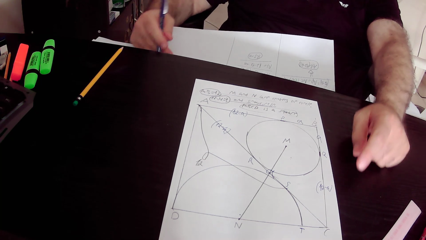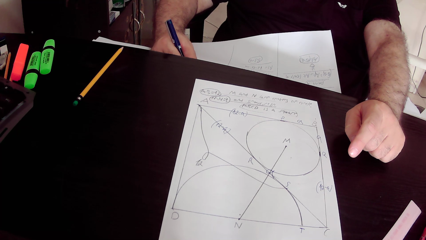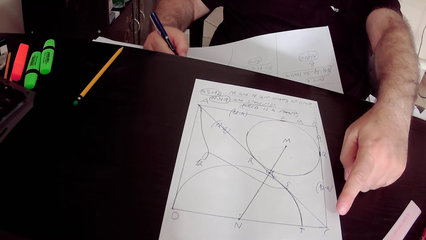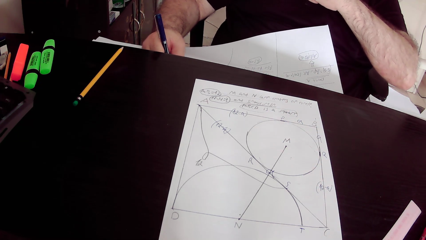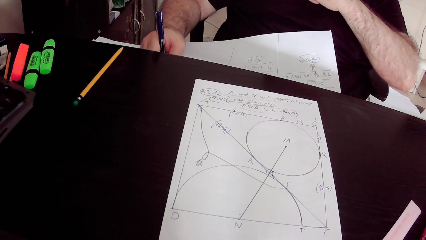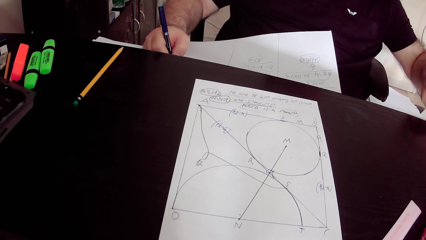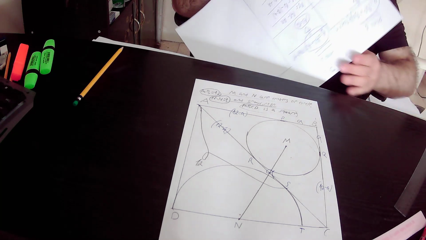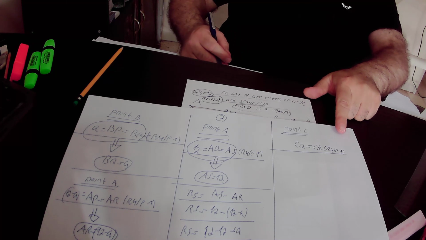The first tangent is tangent CQ, and the second tangent from the external point C is tangent CR. According to rule number 1, the lengths of those two tangents are equal to each other. That is to say, CQ is equal to CR.